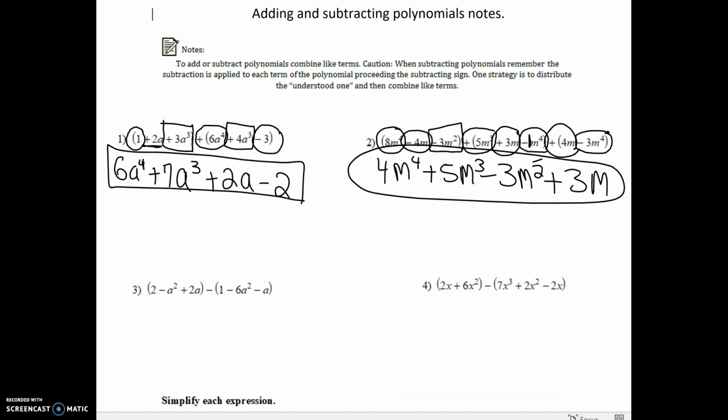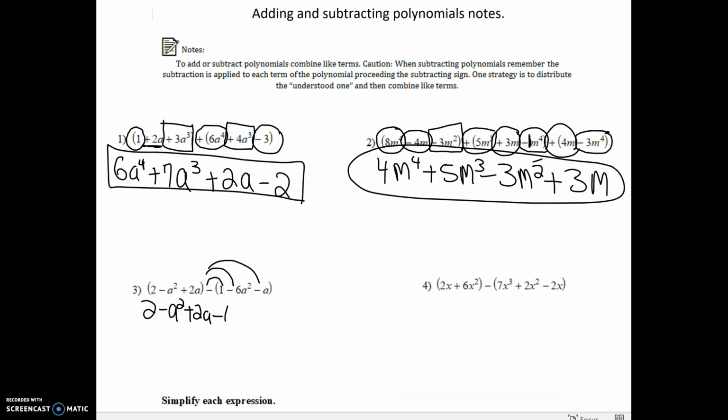All right, let's take a look at subtraction. Subtraction is a little bit different. The only thing different about it is you're going to take this negative sign and distribute it to all of the terms. So I'm just going to rewrite that. I'm going to get negative a squared plus 2a, and that would be a negative 1.